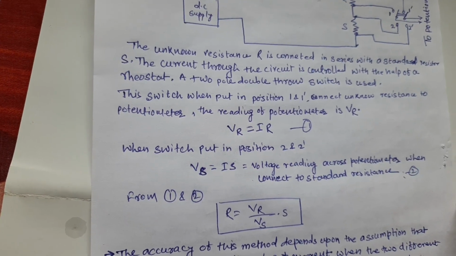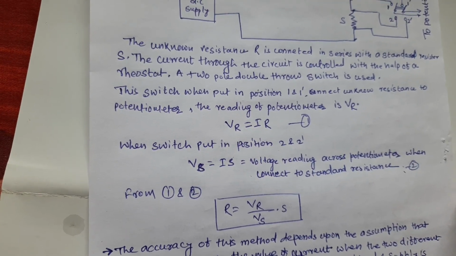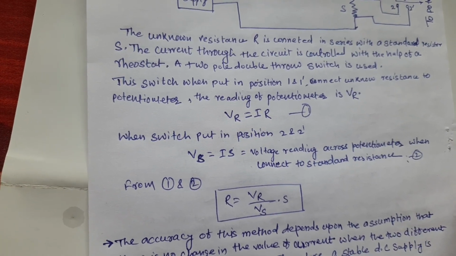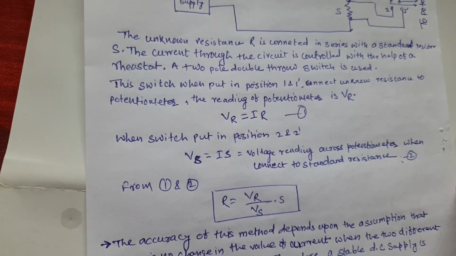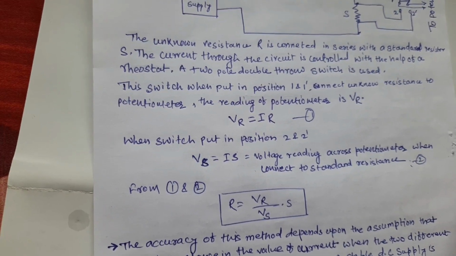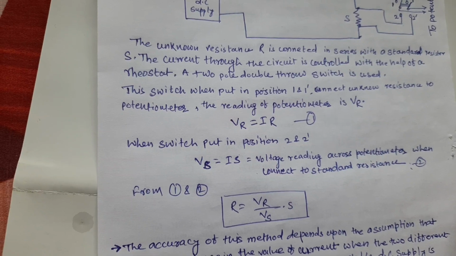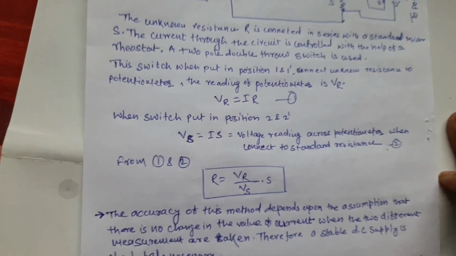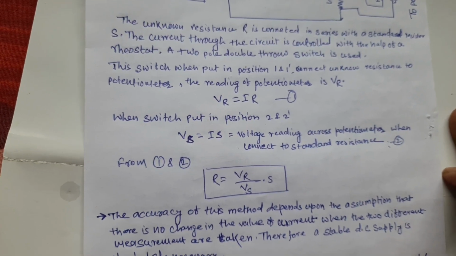So from equation 1 and equation 2, R is equal to VR by Vs into S, where VR is the voltage across the unknown resistance using the potentiometer and Vs is the voltage across the standard resistance using the potentiometer. So in this way, using the potentiometer you can measure the low resistance.